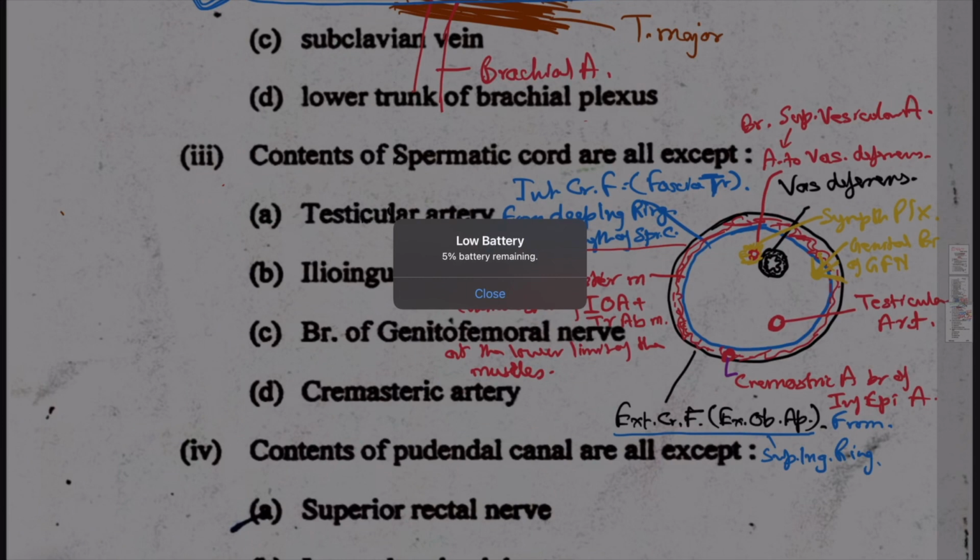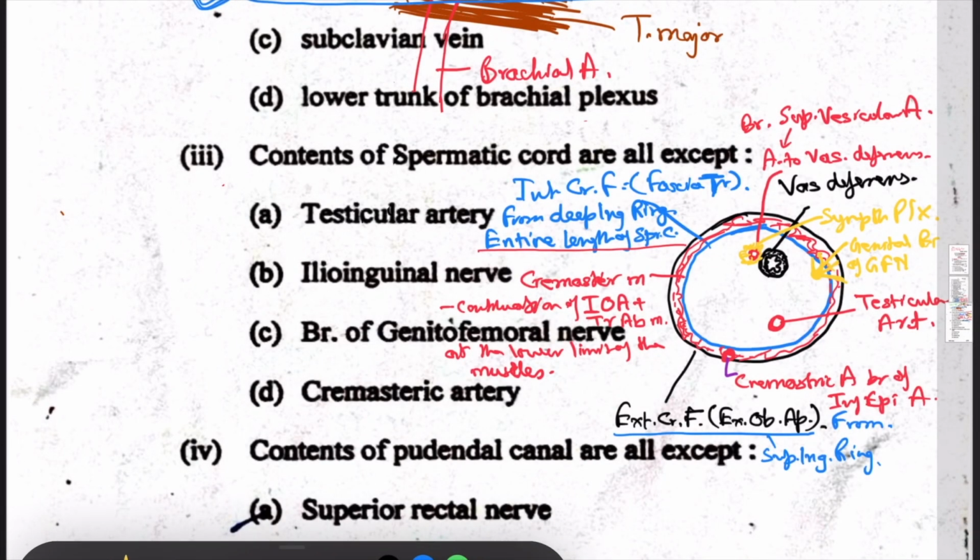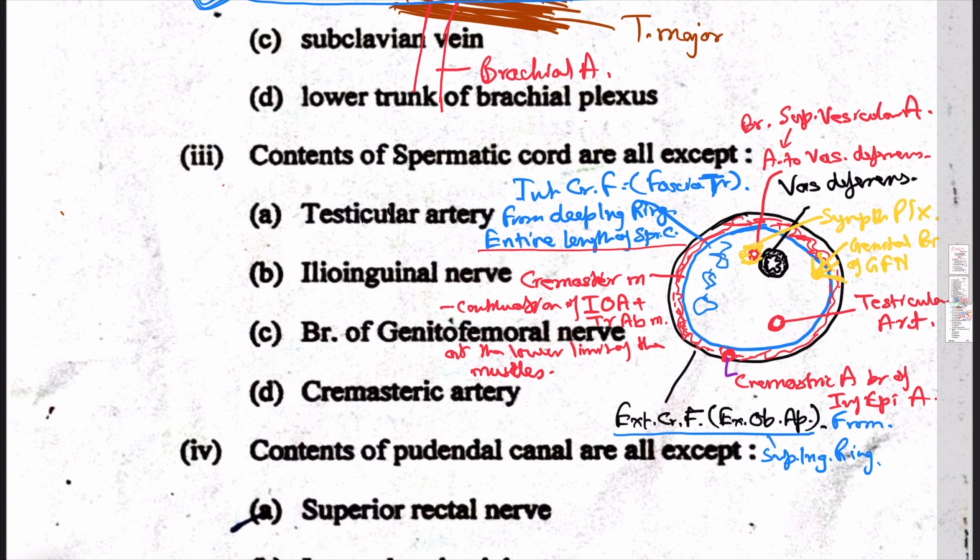And what else you find in there is the venous plexus, like a bag of worms. If there is varicocele of this venous plexus, the scrotum on being felt appears as a bag of worms.